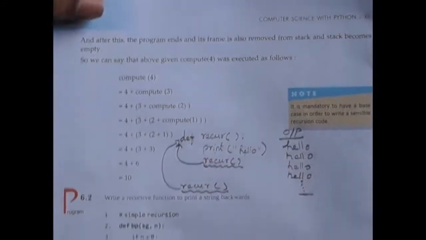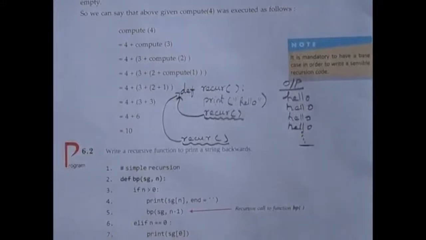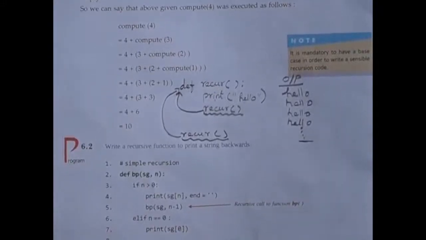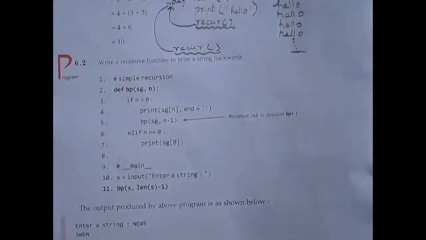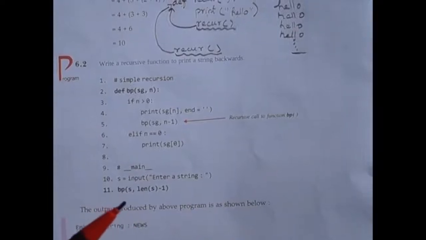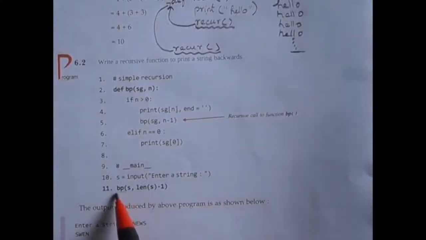Now let me go to the program. What is this program? It is program 6.2. See here, where is the function call statement? Can you see here? BP, it is nothing but this one.